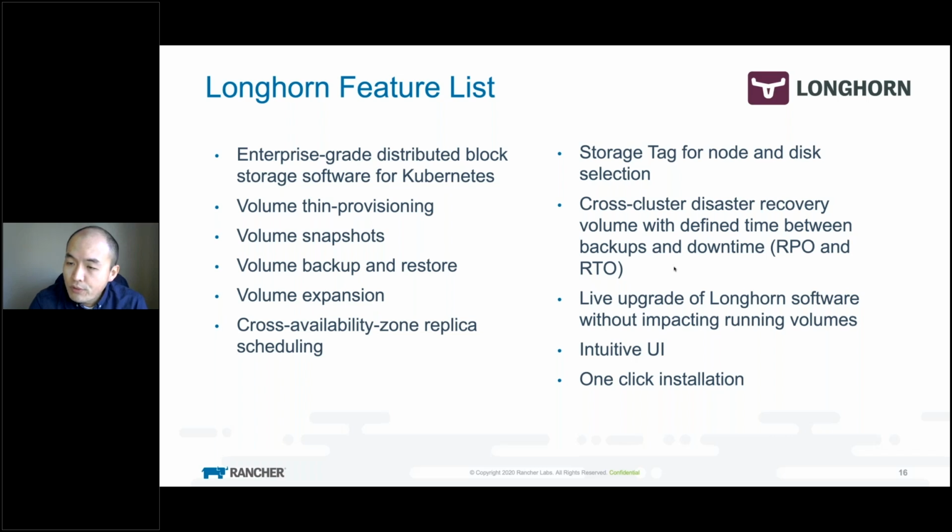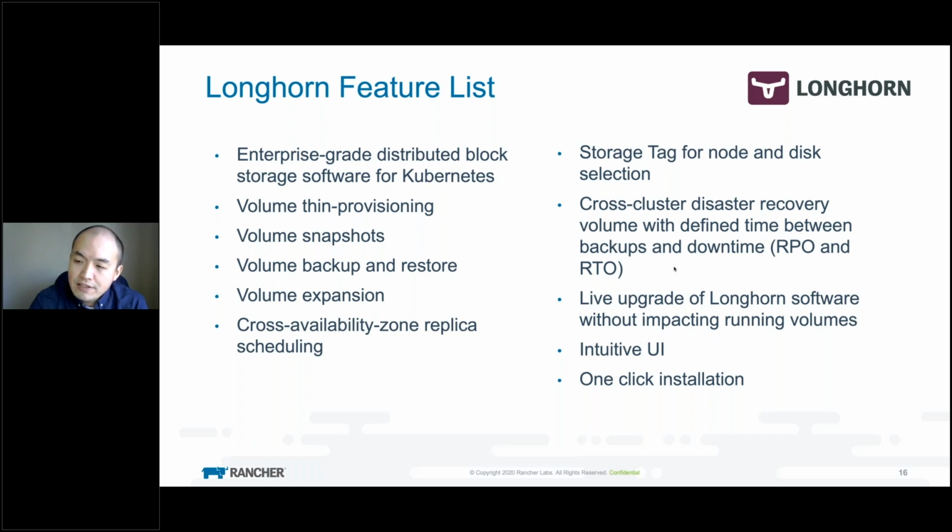Longhorn also supports storage tags for node and disk selection, and cross cluster DR volumes, which define the RPO and RTO. This is one feature we introduced early on, and it allows you to have a main cluster and a backup cluster. The backup cluster can constantly, asynchronously replicate the volume from your main cluster with the help of a middleman, which is normally an S3 or NFS server.